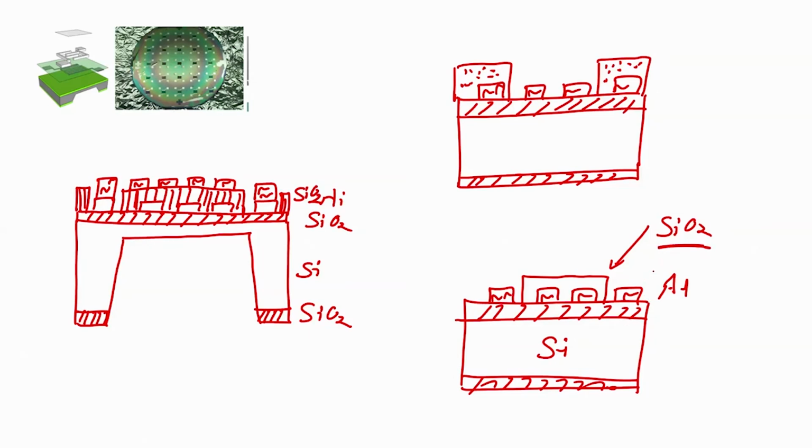In that case, what I am doing is, photoresist is patterned in this kind of way, and then on this photoresist I will deposit or I will grow silicon dioxide.